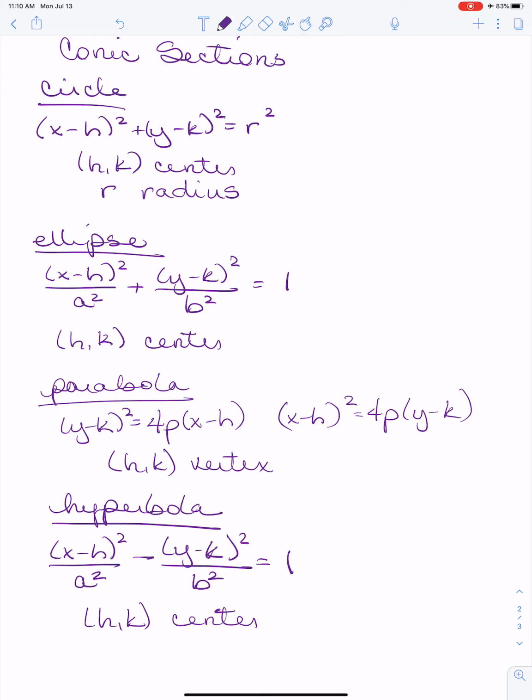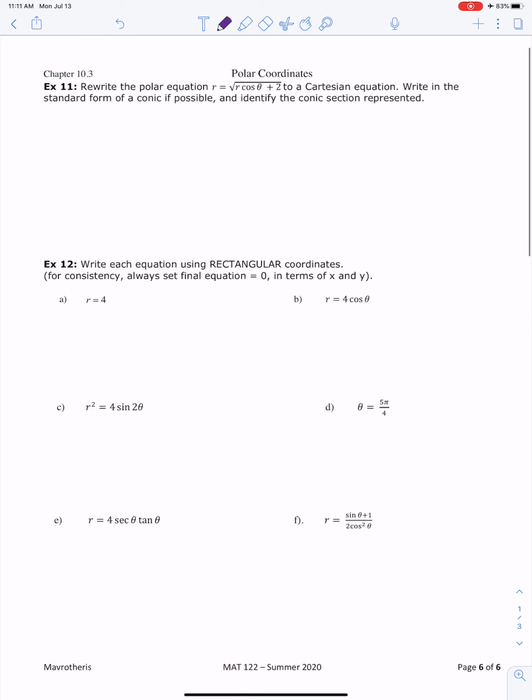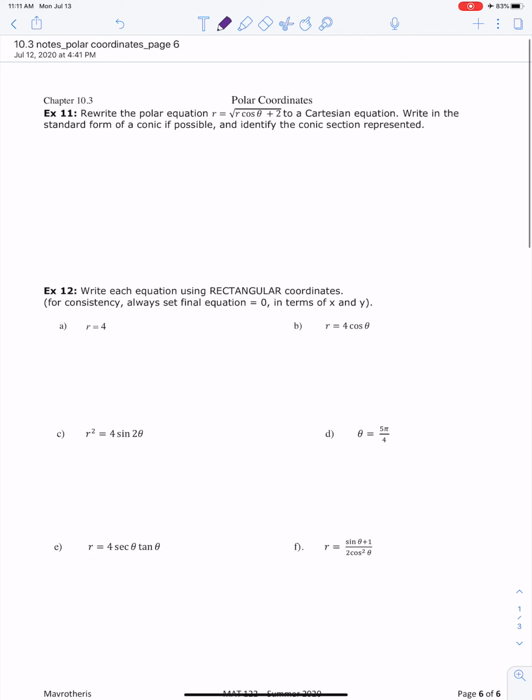They'll put (x minus h) squared over a squared or (x minus h) squared over b squared, depending on which is the larger number. As long as you're flexible in realizing that the a goes with the x or the horizontal component, the b goes with the y or the vertical, you are fine. So these are the general forms that we are trying to put these in as we rewrite this.